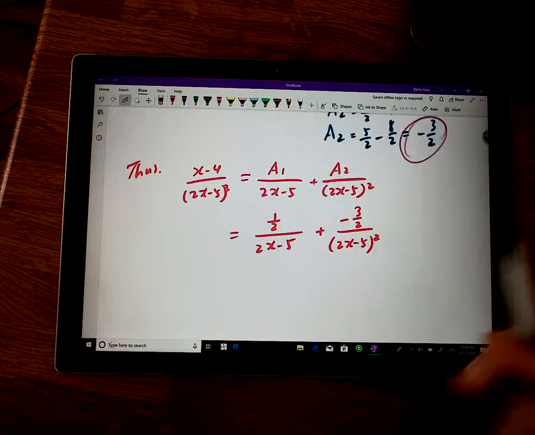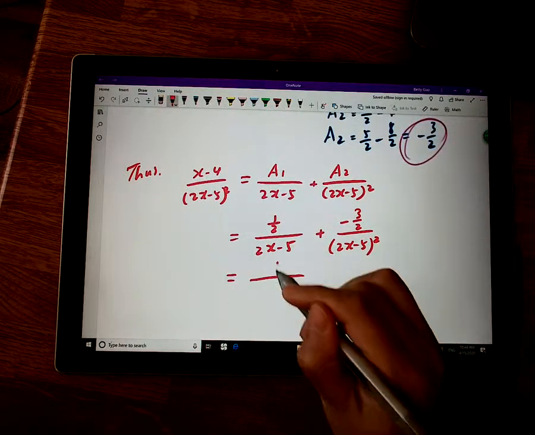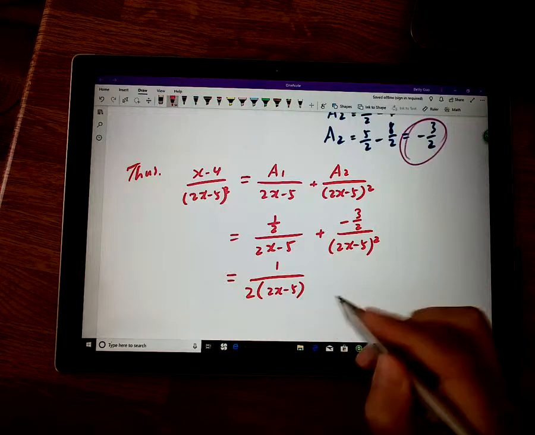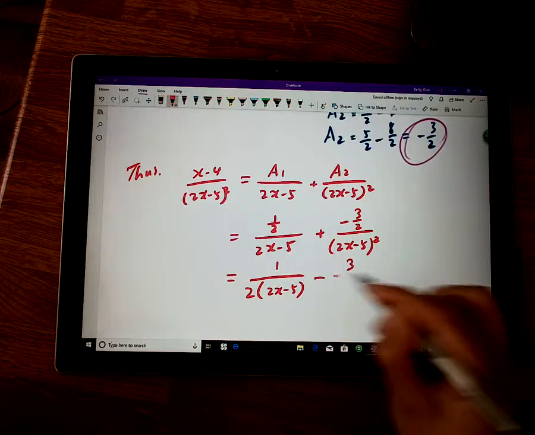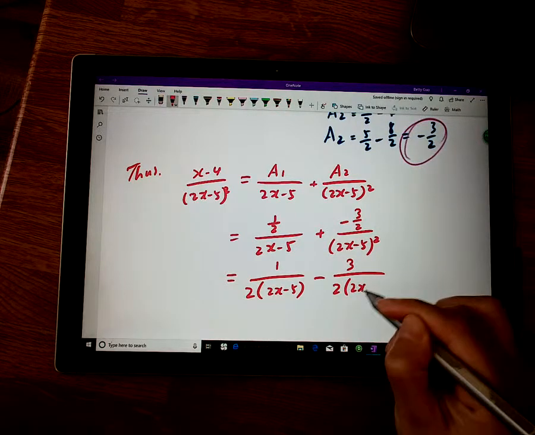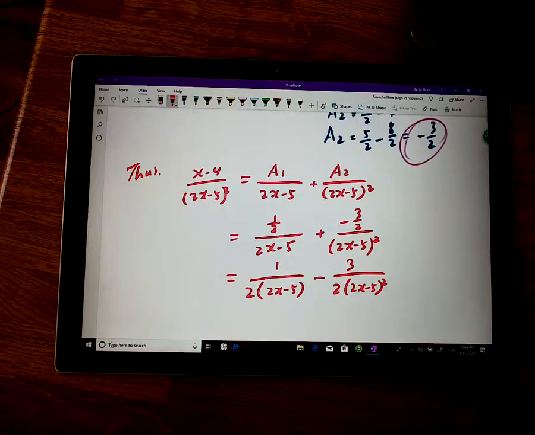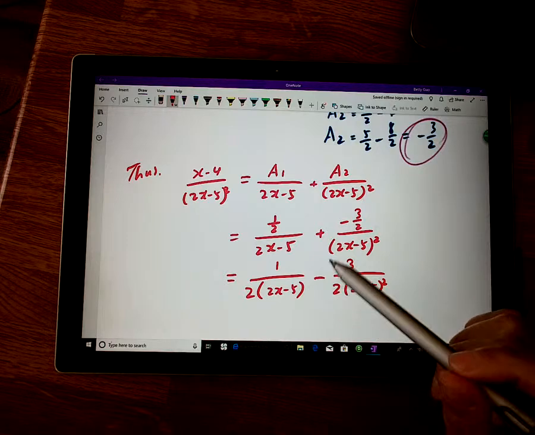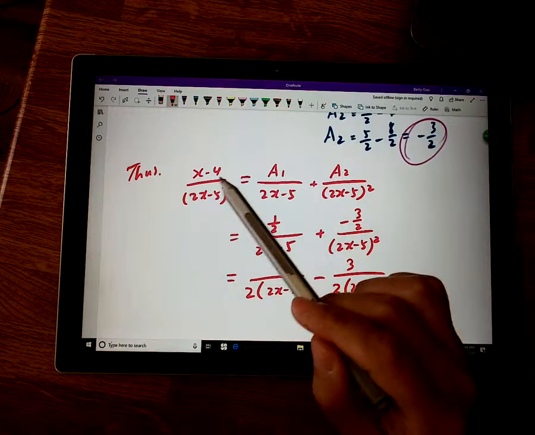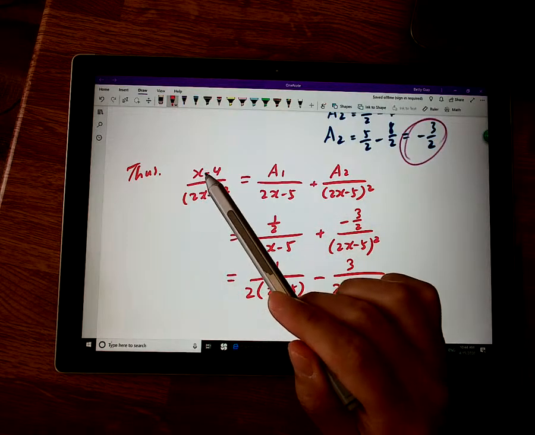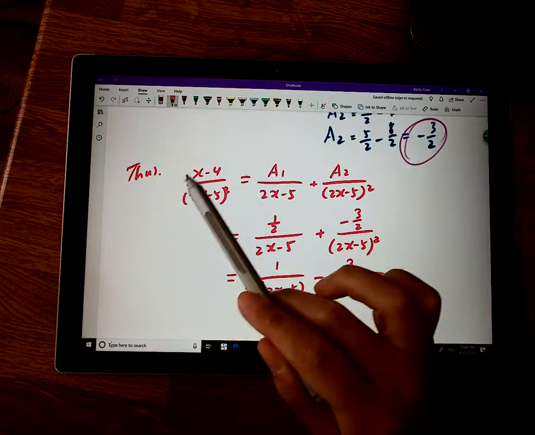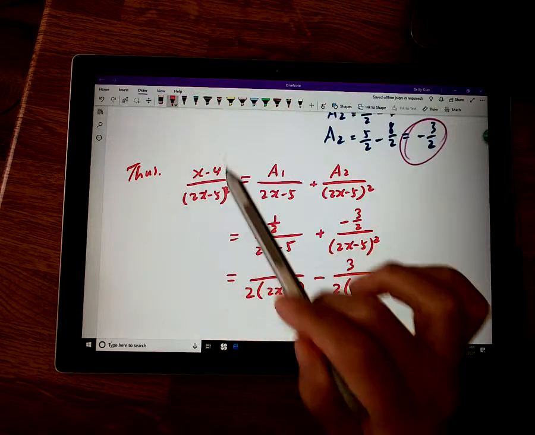And this is good enough, but if you want to go further, you can write this as 1 over 2 times (2x minus 5), and this as negative 3 over 2 times (2x minus 5) to the power of 2. What's the benefit? I mentioned that this is useful in calculus because in calculus it's going to be pretty difficult to take the derivative or integration of a rational function.